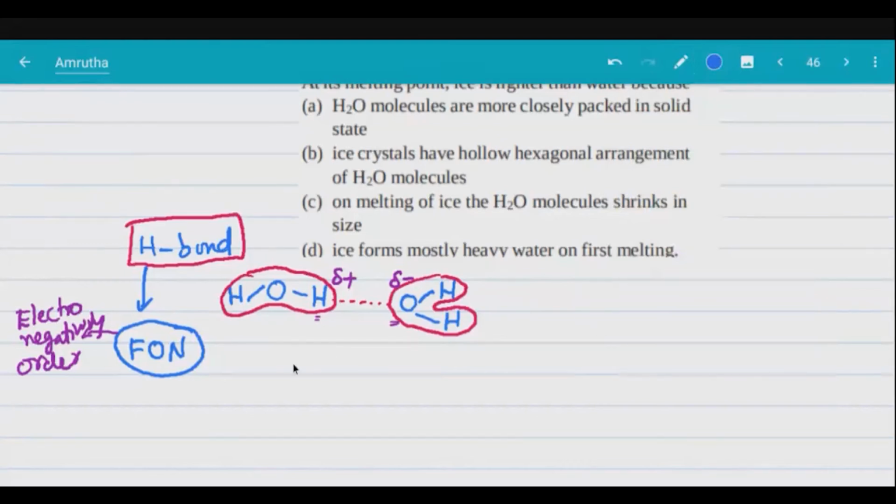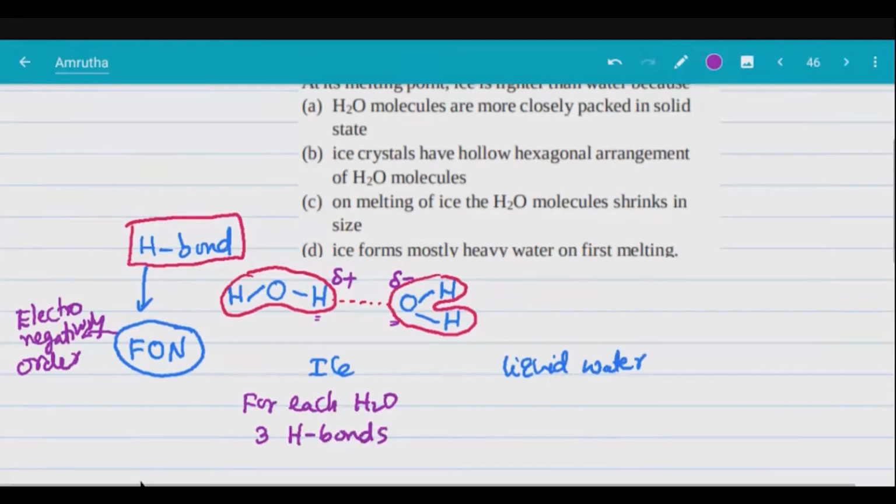Now, if you discuss ice and liquid water, there is a small difference. In ice, listen carefully, for each water molecule, each H2O, there are three hydrogen bonds. But for each H2O there are four hydrogen bonds in liquid water.